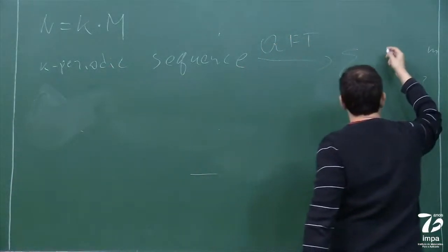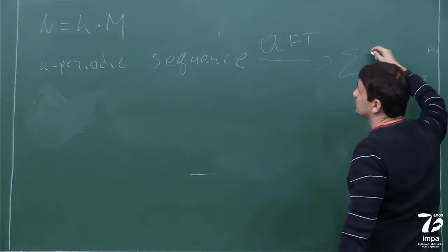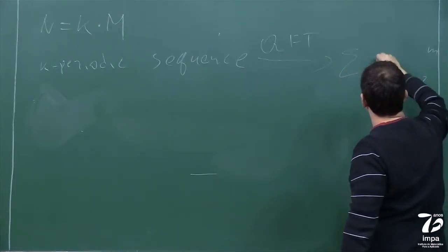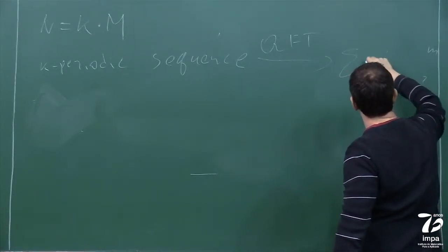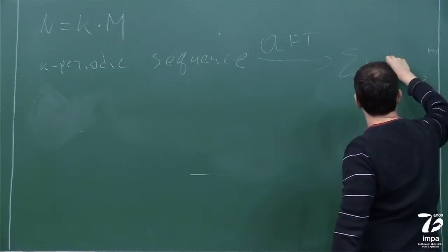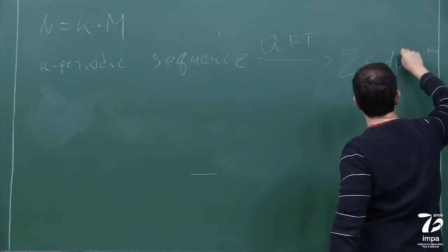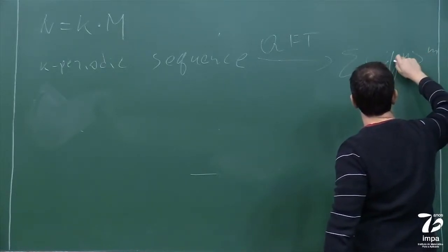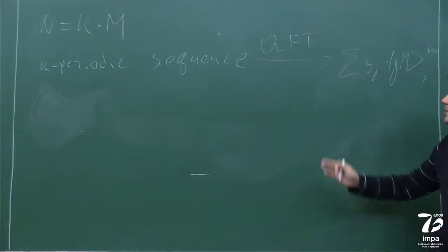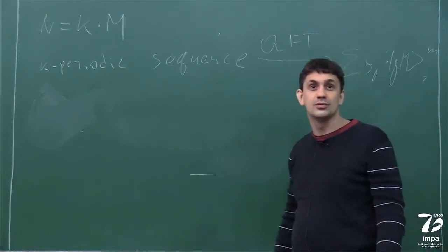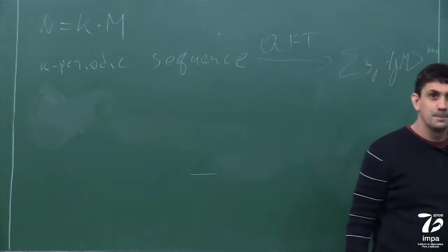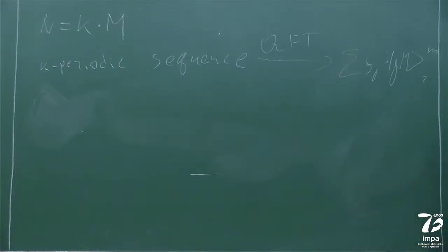It should go to a sum of some coefficients concentrated on multiples of M. Which coefficient depends on which periodic sequence it was, and so on. But this is what would actually happen.